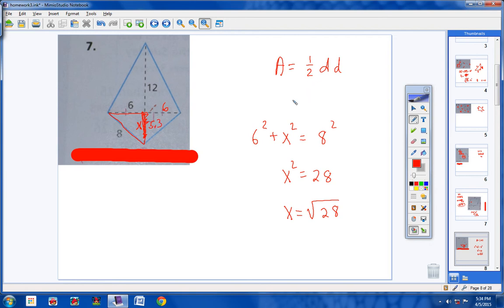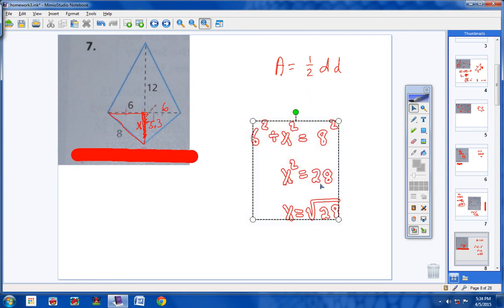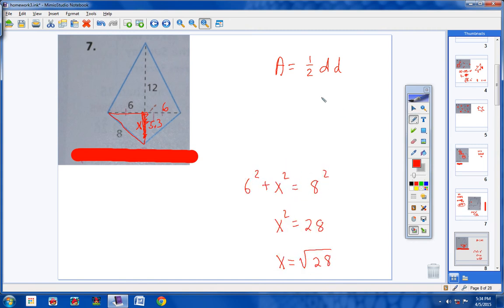So are you ready? How do you find the area of this quadrilateral? So this whole diagonal is 12. The other diagonal is 17.3, because from here to here's 12, from here to here's 5.3. So 12 plus 5.3 is 17.3. So I have 1/2 times 12 times 17.3.